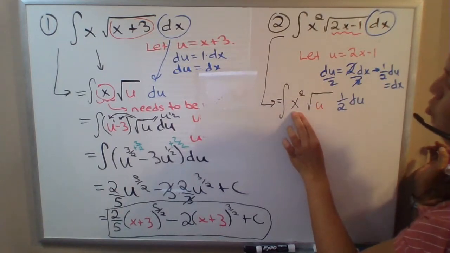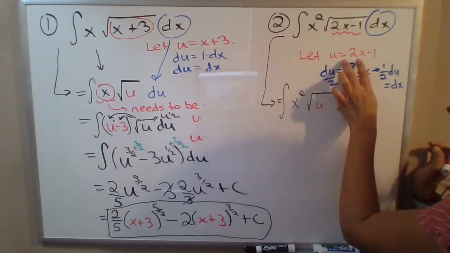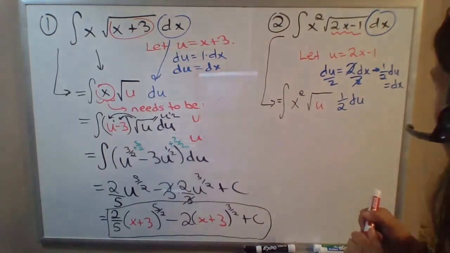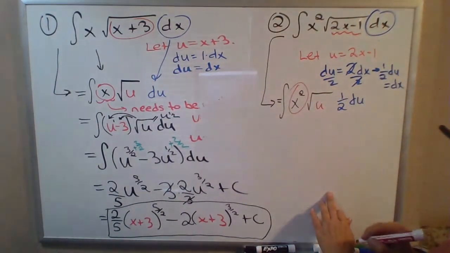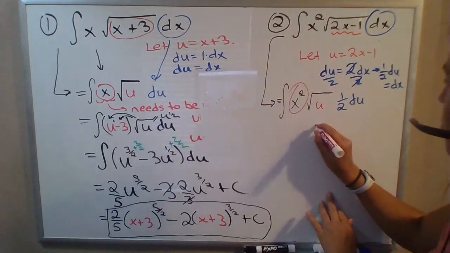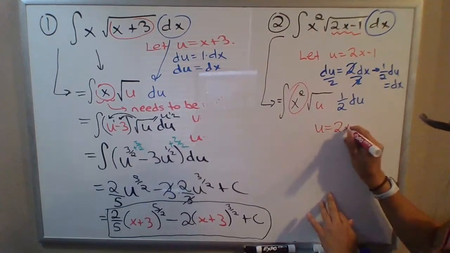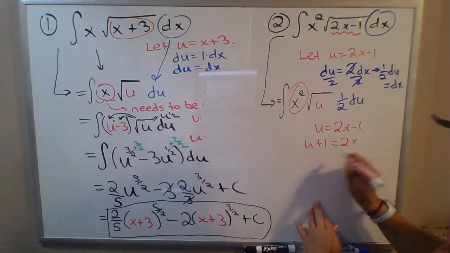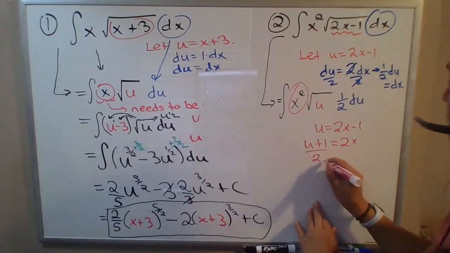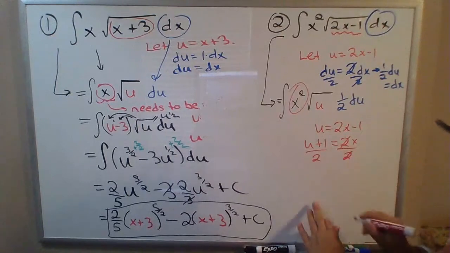So what you can do is go back to your original substitution equation and solve it for x. So this needs to be written in terms of x. So we say, well, if u is equal to 2x minus 1, then u plus 1 is equal to 2x. And so u plus 1 over 2 is equal to x.